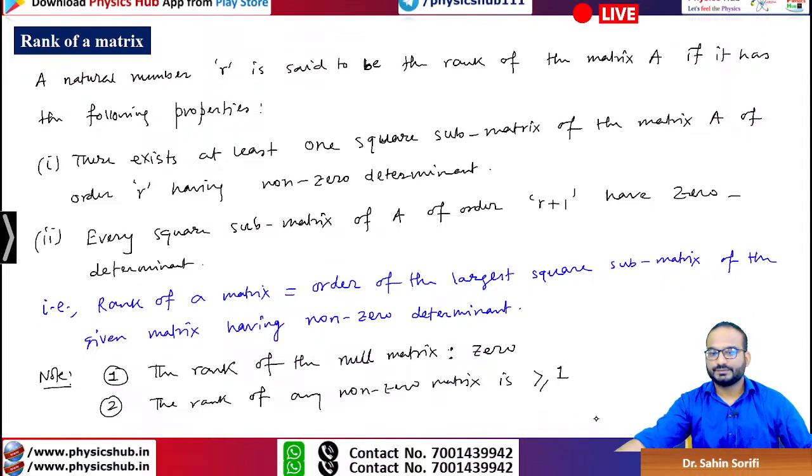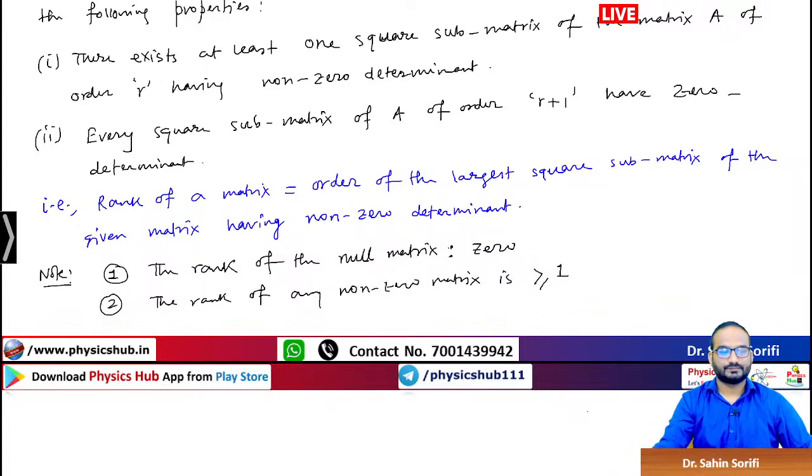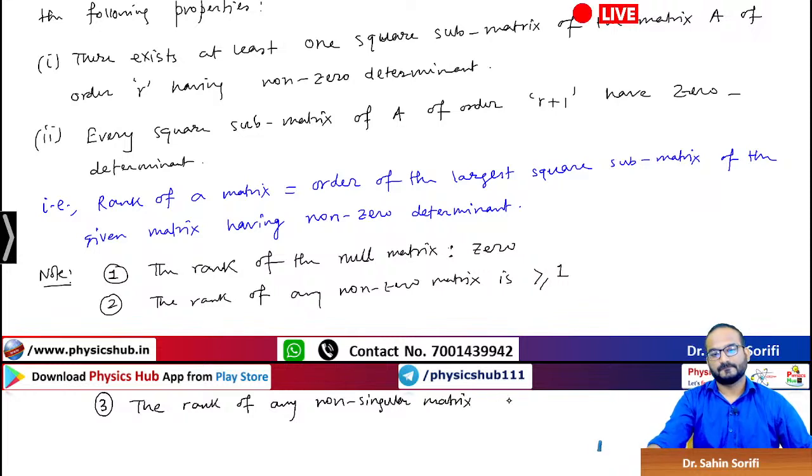With 2 by 2 it can be rank 2. So at least it will be 1. Now if a matrix is non-singular, the rank of any non-singular matrix of order n is n.